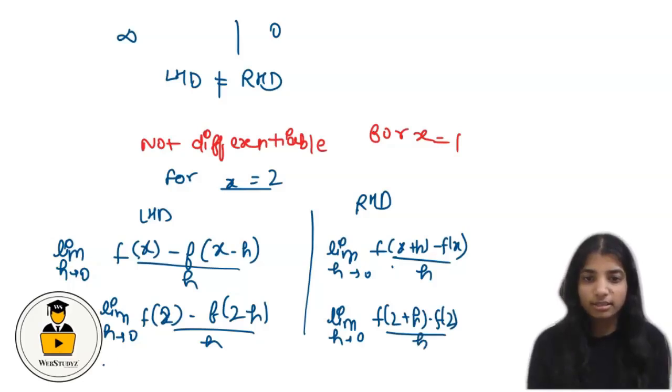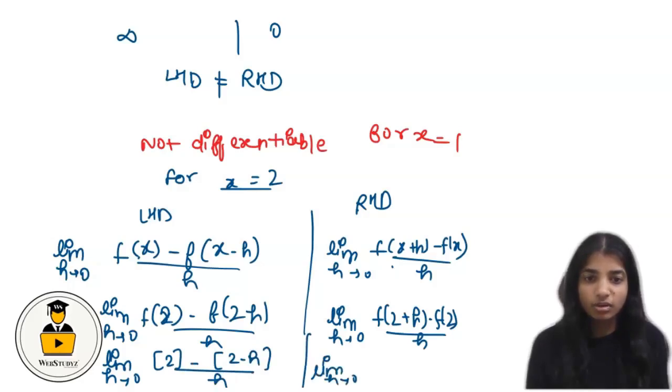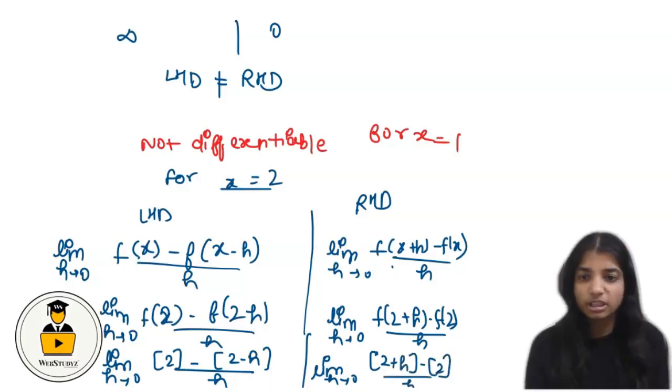As the function is the greatest integer, this becomes the limit as h tends to 0 of [greatest integer of 2 minus greatest integer of (2 minus h)] divided by h, and the limit as h tends to 0 of [greatest integer of (2 plus h) minus greatest integer of 2] divided by h.